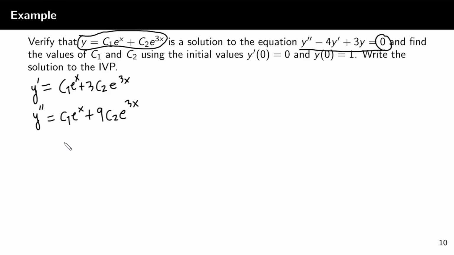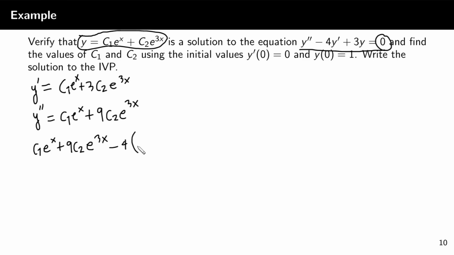So we will just plug in this y prime and y double prime into this equation. We need to get 0. So I have y double prime, so c sub 1 e raised to x plus 9 c sub 2 e raised to 3x minus 4 y prime. This is our y prime.